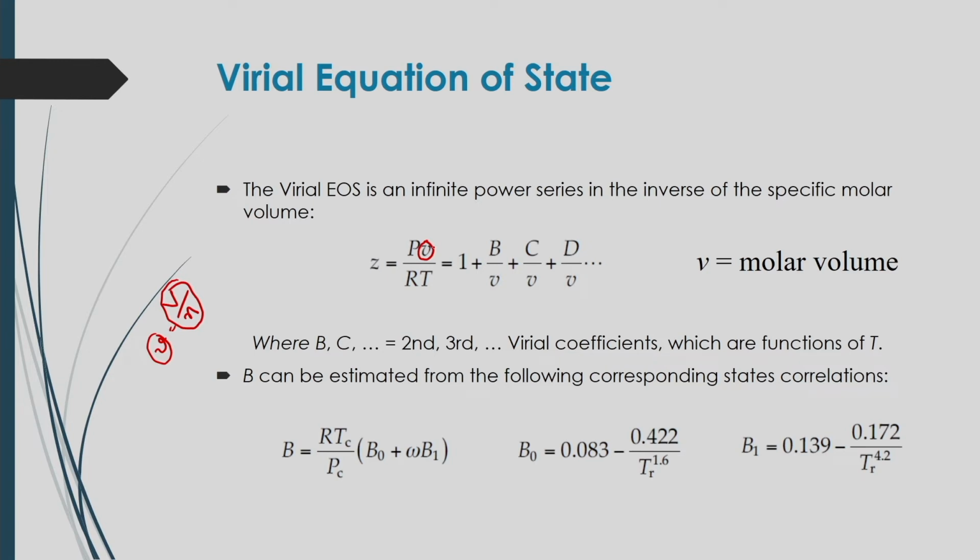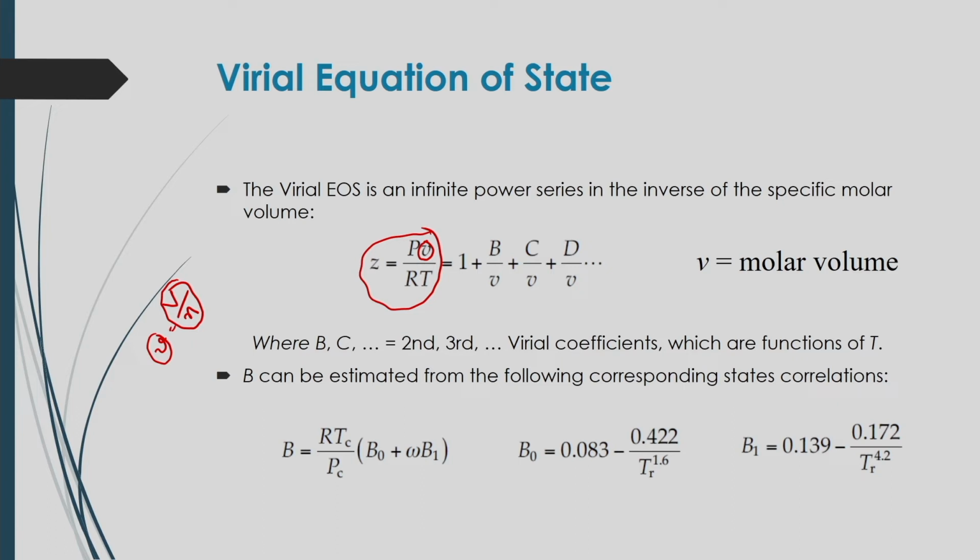So from the equation PV is equal to ZRT, we can write Z will be equal to PV by RT. This PV by RT, or Z, is the compressibility factor, and you can represent it as a function of the specific molar volume.